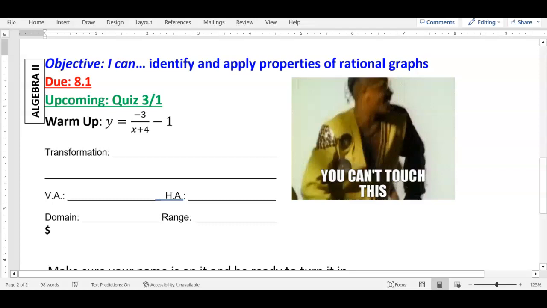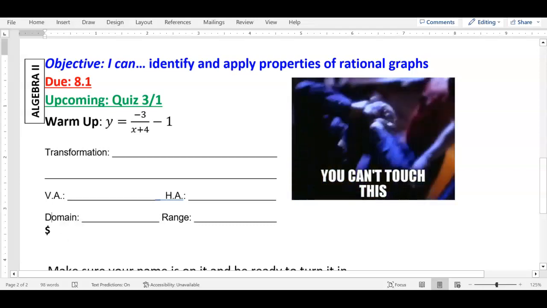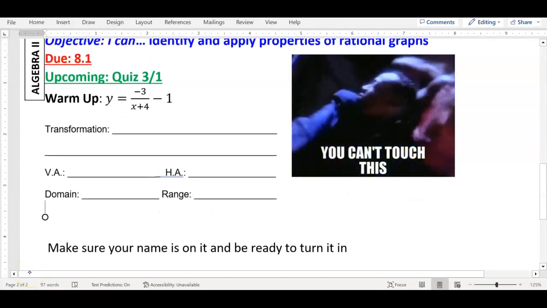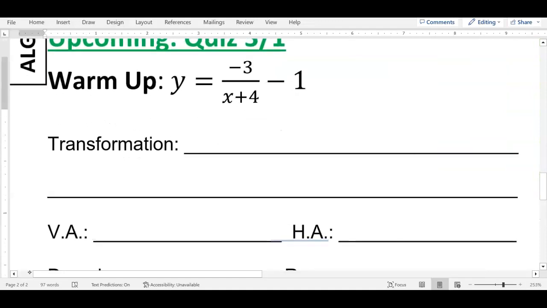But so here's our warm-up. You got to be able to tell me the transformation, okay? So when you're looking at this equation, you want to look at every piece. So does everyone see this negative sign right here? Every time we've done functions, negative in front means what to the graph?